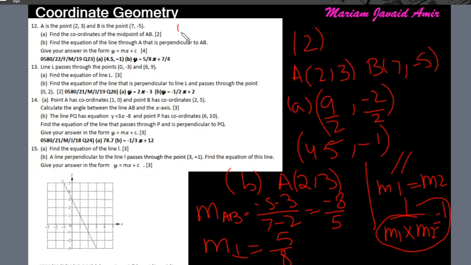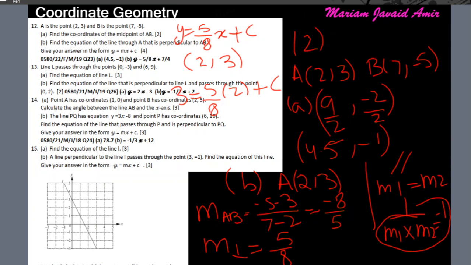So y equals 5 over 8 x plus c. Now to find c, remember this line also passes through point A, which is 2, 3. So y is 3, 5 over 8 times 2 plus c. So this becomes 3 minus 5 over 4. 3 minus 5 over 4 is 1.75, which is I guess 7 by 4.